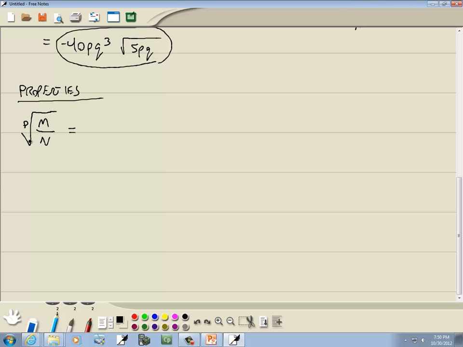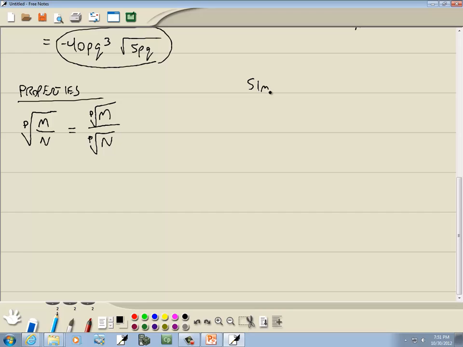So you got the radical of m over n. Then you can split it up. You put a radical around the top, and you can put a radical around the bottom. Now your index stays the same. That doesn't change. You can just split them up. Now you can go this direction or you can go that direction. So that's when we're talking about division.